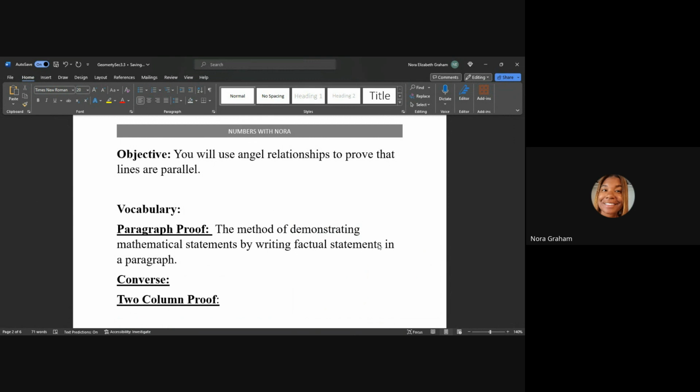Okay, so this is just like a way that we can do a proof, but we write it in paragraph form.